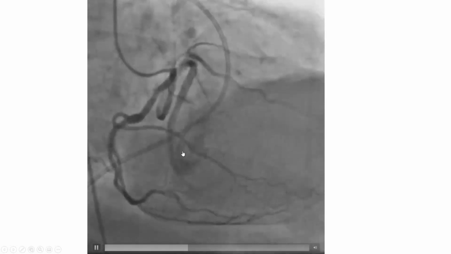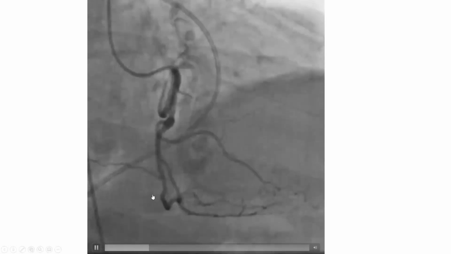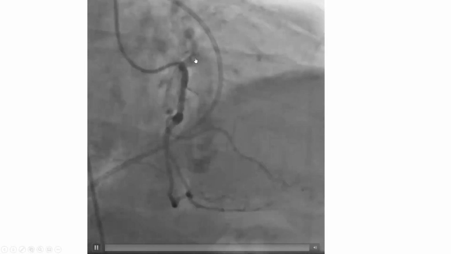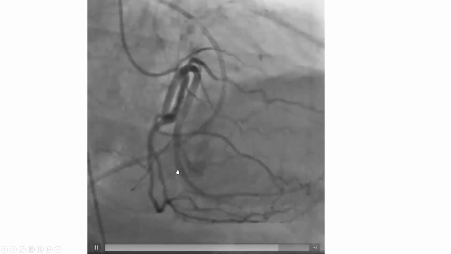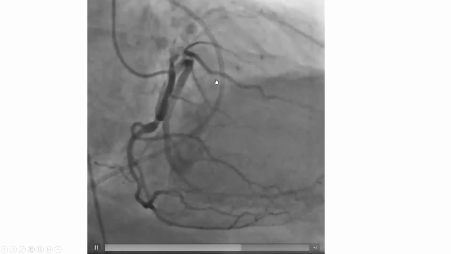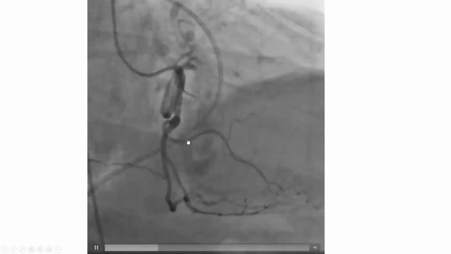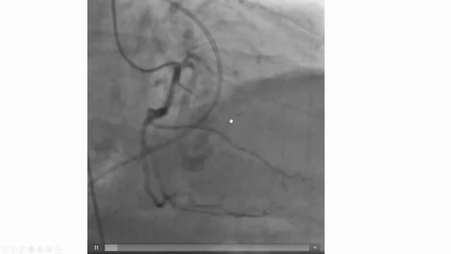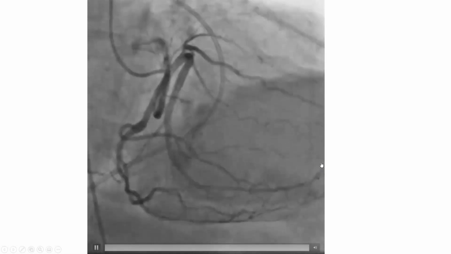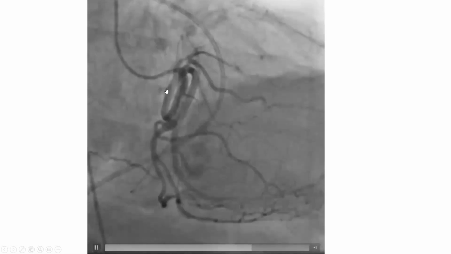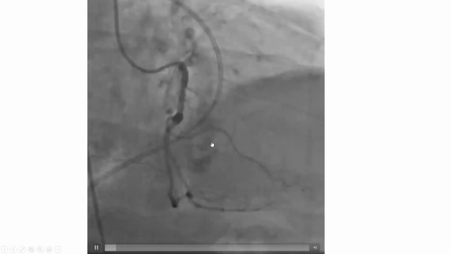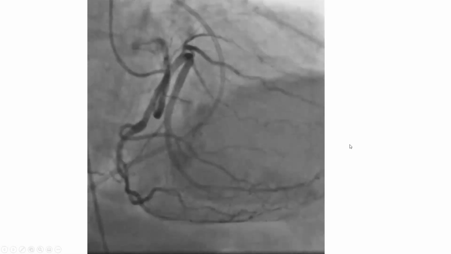They both run in the AV groove, one on the right AV groove, the other on the left AV groove. So look, they are almost superimposed on an RAO view. It's a nice thing to understand and see. We rarely see the circ and RCA on the same angiogram, okay? So it's a retroaortic course. Again, downward takeoff. The best catheter to engage this is a multi-purpose catheter for your board.